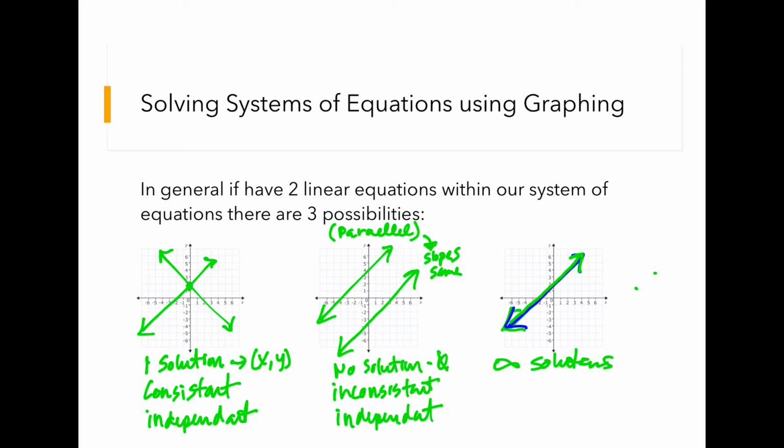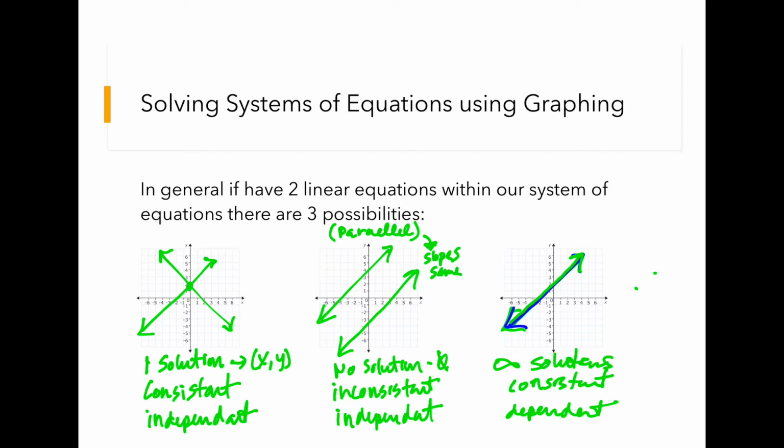Because remember, the solutions are the points that they share. And if they're the same line, they share every single point along the line itself. And so they are consistent. They have at least one solution. But they are not independent of each other. They're actually dependent systems. Because think of it as two lines depending on each other because they're sitting on top of each other.